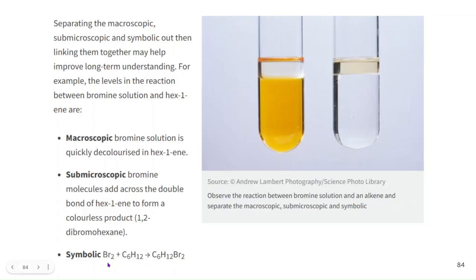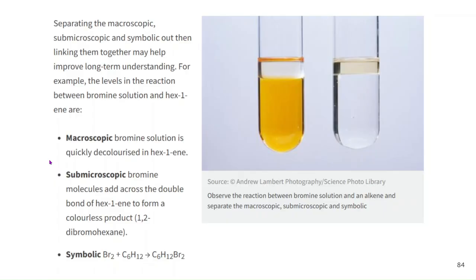And the way that we can show that with symbols would be to write a chemical equation. So this is the bromine, right, Br2. This is the hexene, C6H12, and they are reacting chemically. So we have this arrow to create the dibromohexane, which is C6H12Br2.